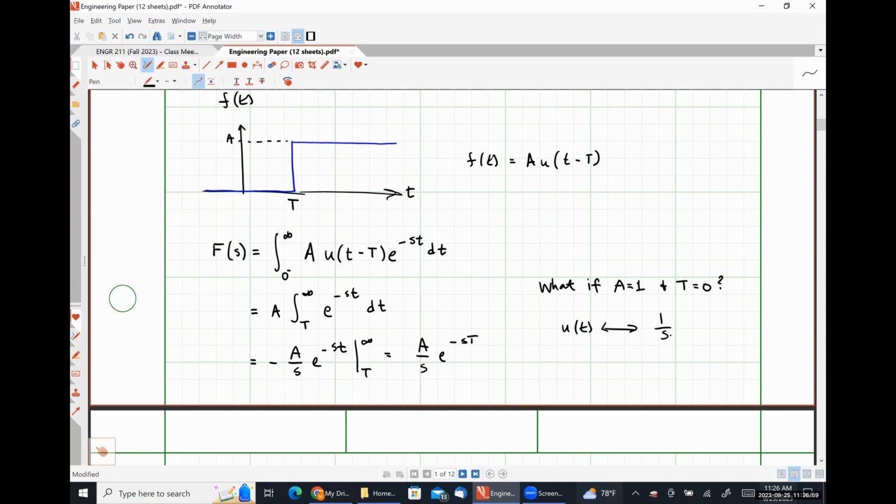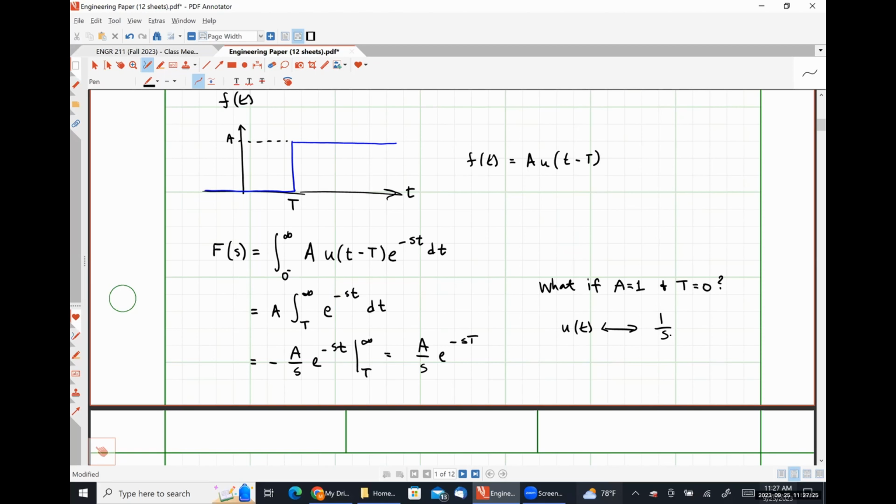So we can actually glean some things from this relationship and this relationship, right? So first thing that we can glean from this relationship is that if my function, whatever it is, is scaled by an arbitrary constant, my transform is just scaled by that exact same arbitrary constant, right?